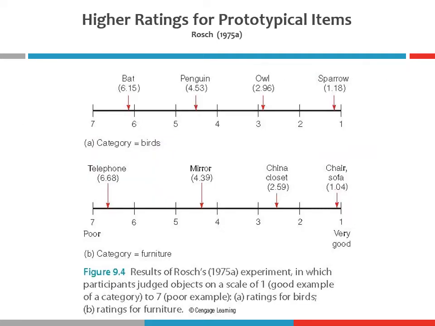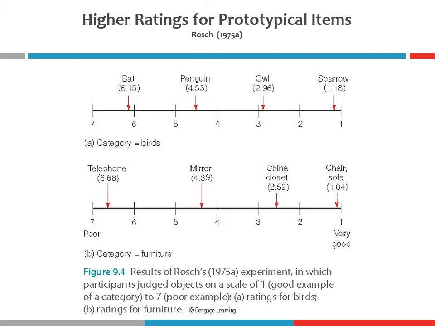Okay, so one of the things that is interesting is that Eleanor Rosch, in her research, gave people a list of 50 members of a particular category and had them rate each of those category members on how typical that member is of the category.